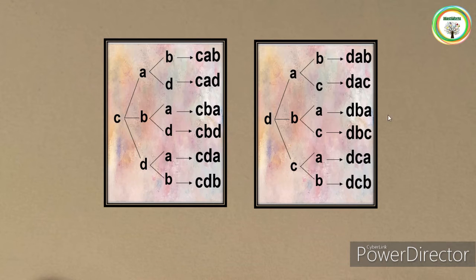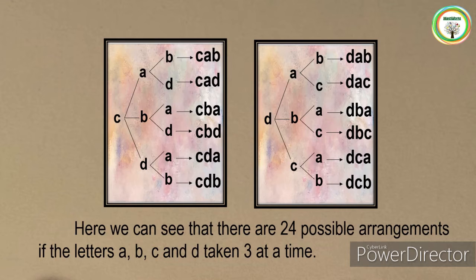So we have also 6 arrangements if the first letter is D. So here, we can see that there are 24 possible arrangements if the letters A, B, C, and D are taken 3 at a time.